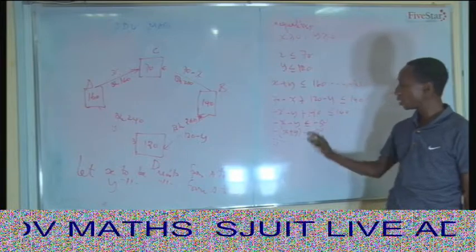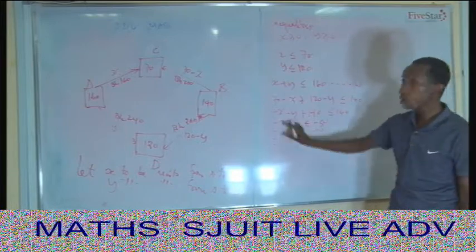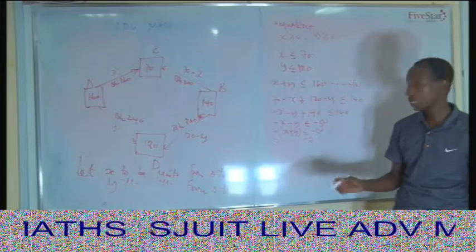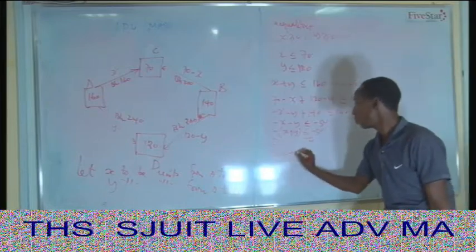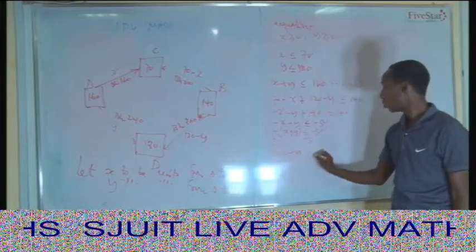Dividing by a negative number, the sign of the inequality always changes. So now we have x plus y should be greater or equal to 50.